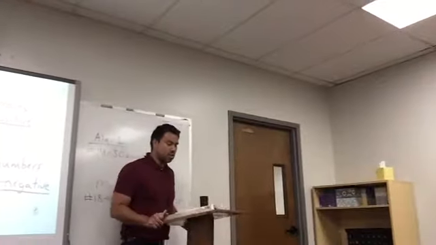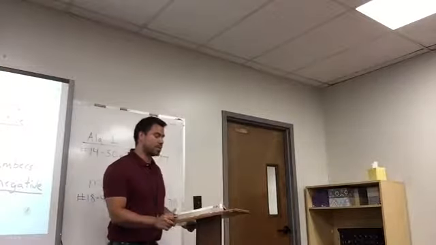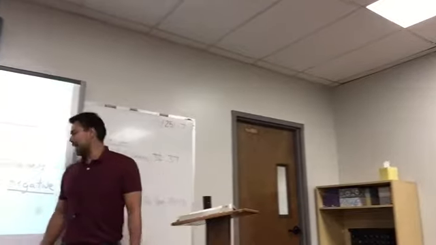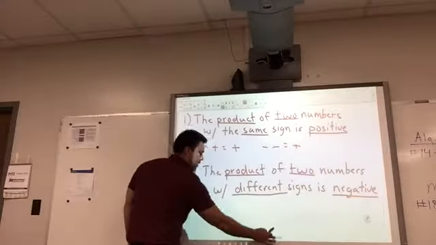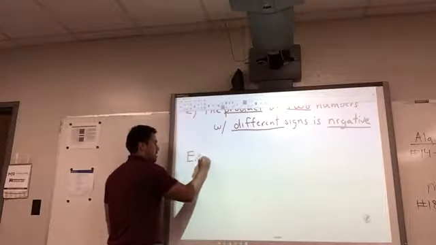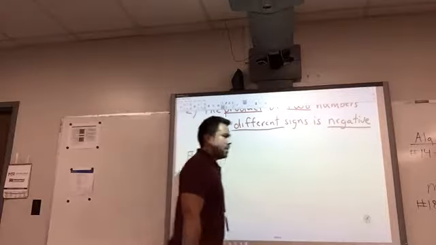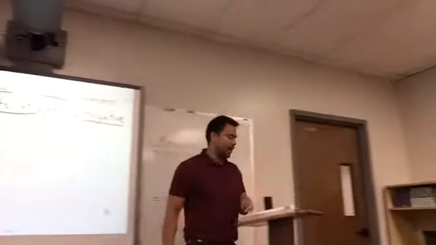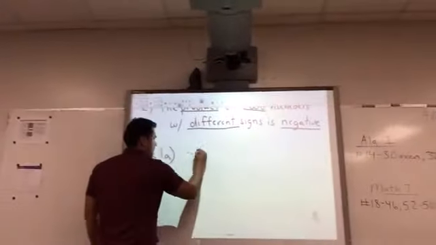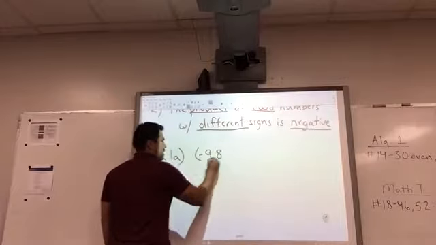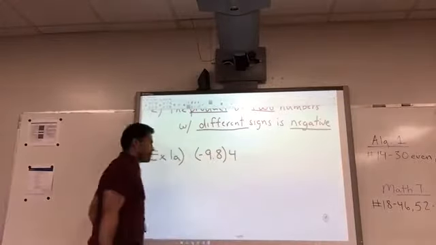Okay. So we'll start off with example 1, A and B. Example 1A. This one has you multiply a decimal by a whole number: negative 9.8 times 4.